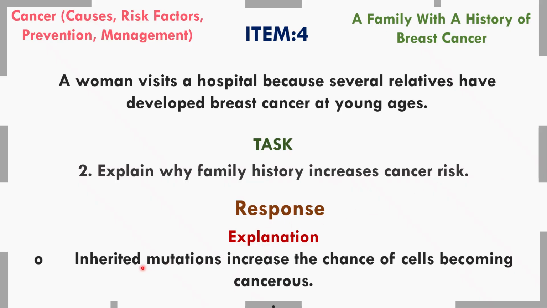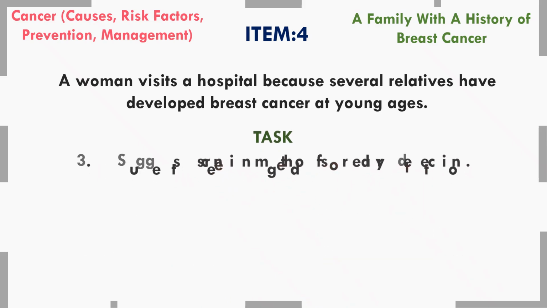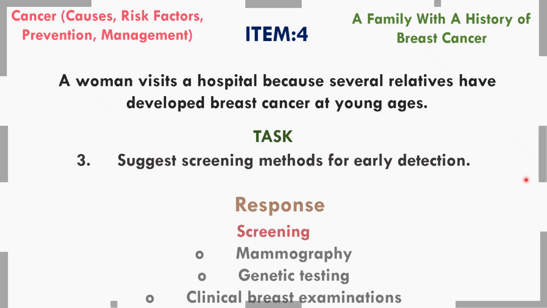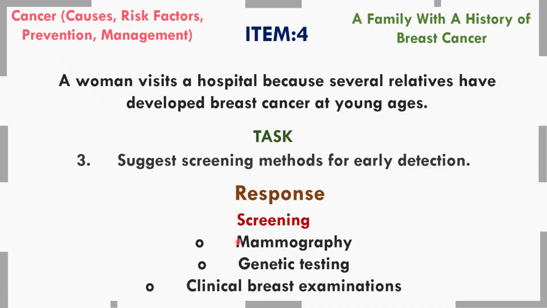Explanation: inherited mutations increase the chance of cells becoming cancerous. Suggest screening methods for early detection. Screening can be carried out using mammography, genetic testing, and clinical breast examinations.